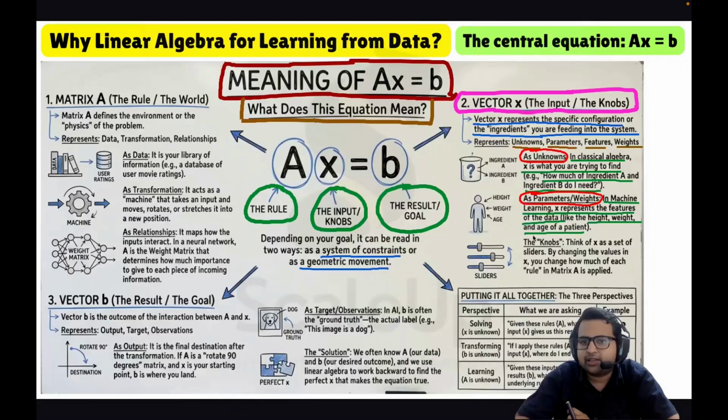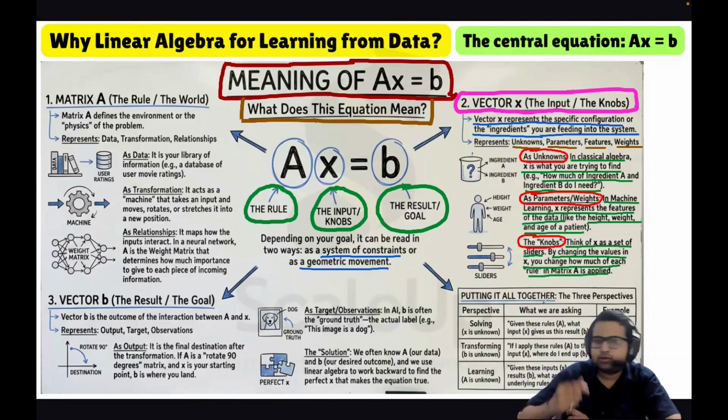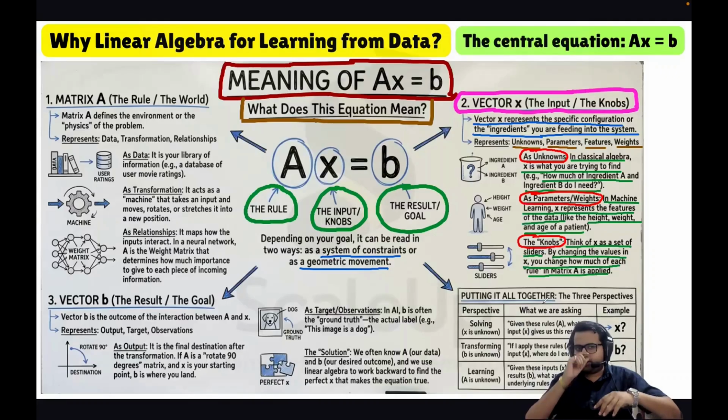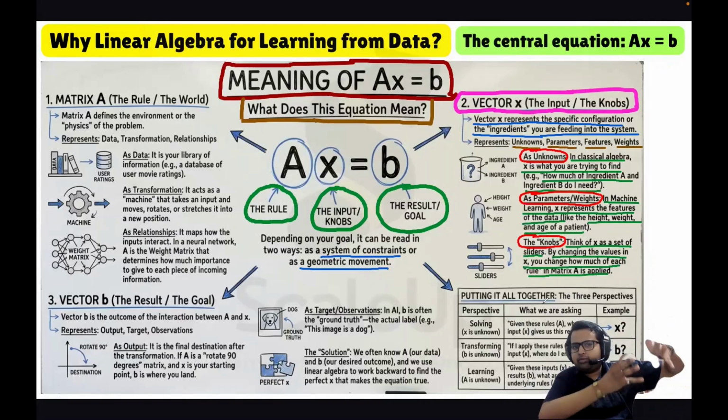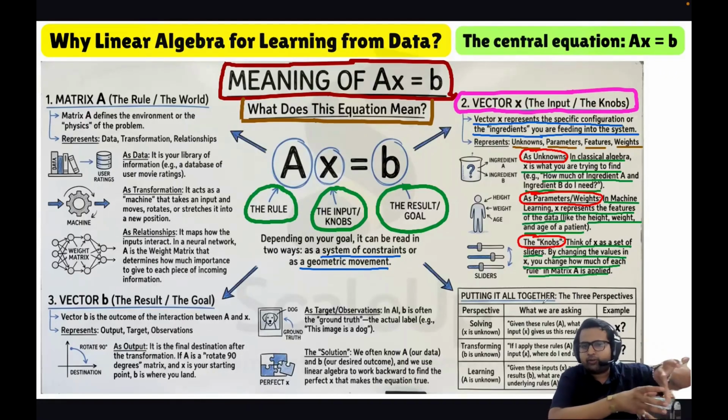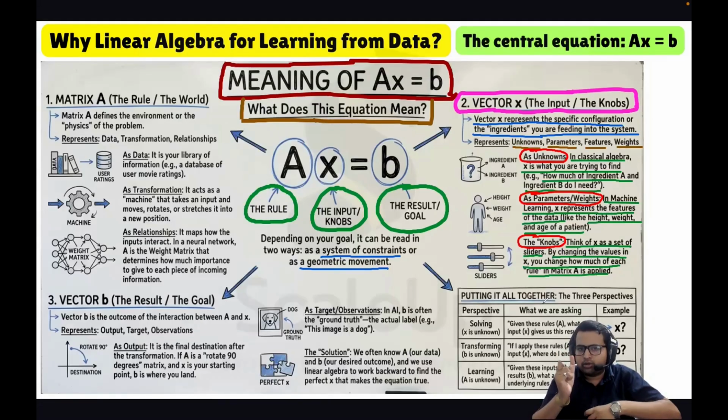This vector x can also represent the knobs. You can think of x as a set of sliders. By changing the values in x, you change how much of each rule in matrix A is applied. So this is very interesting. If A contains some information or some rules or some transformations, then x can act like a knob, a filter.